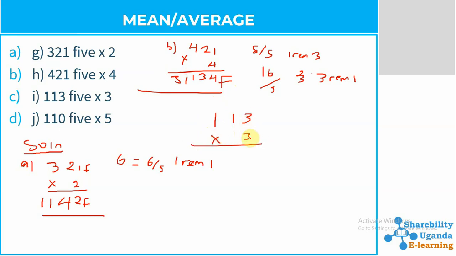What is 3 times 3? 6. 6 divided by 5, 1 remainder 1. 3 times 1, we have a 3 here, and also here we have a 3. All this should be in base 5. Our other number is 1, 1, 0 by 5.